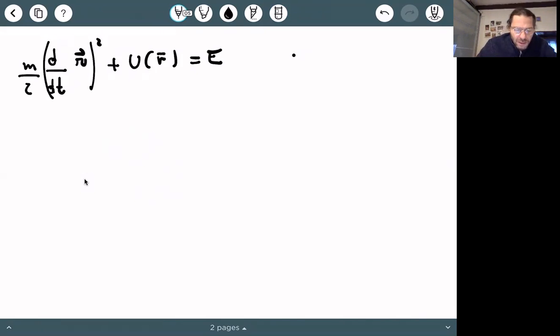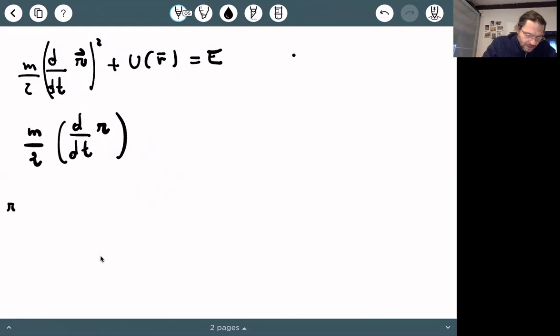Then, by choosing the coordinates carefully, we were able to show that the kinetic energy part could split into an effective kinetic energy involving only the radial part. You see here, the vector has disappeared.